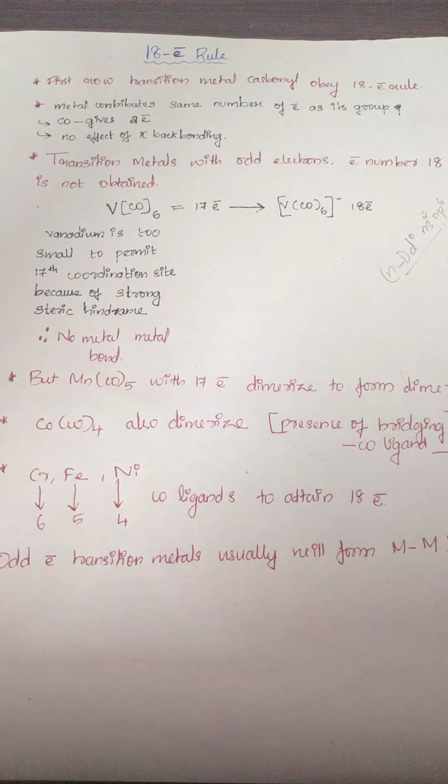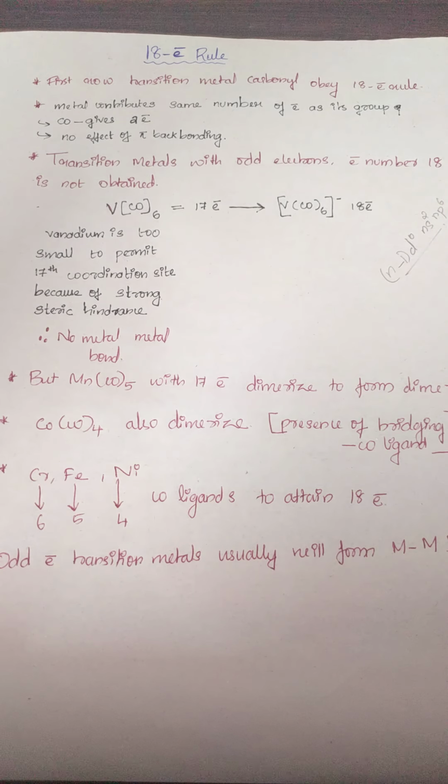In most transition metal complexes, electrons are filled in the bonding molecular orbitals, leaving the anti-bonding molecular orbitals vacant. We all know that when we keep an electron in an anti-bonding molecular orbital, the compound will be unstable.